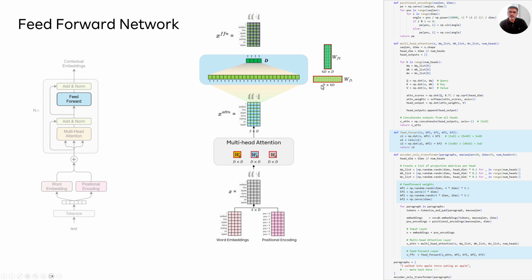So to cut a long story short, you throw in two weight matrices. The first weight matrix is in the first layer of the feed-forward network, which is sized as D, total number of rows, times 4D, total number of columns. So D times 4D. So if you take S cross D, which is the X attention that's coming in, and you multiply it with D times 4D, what you get is S cross 4D.